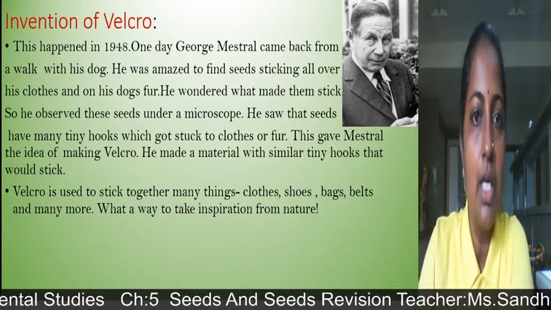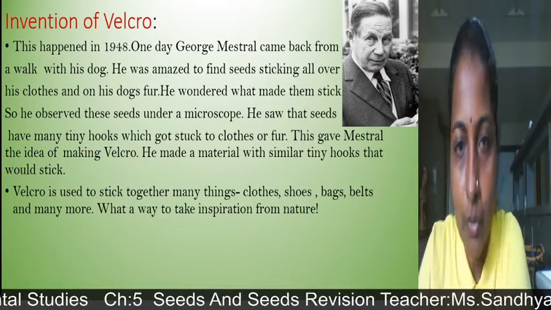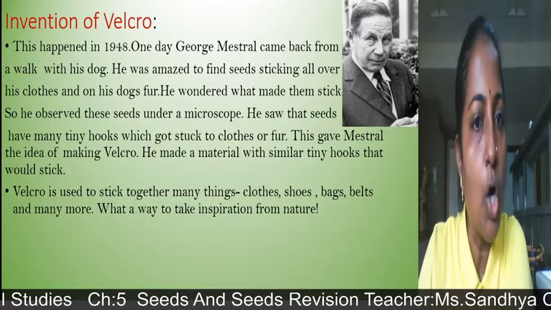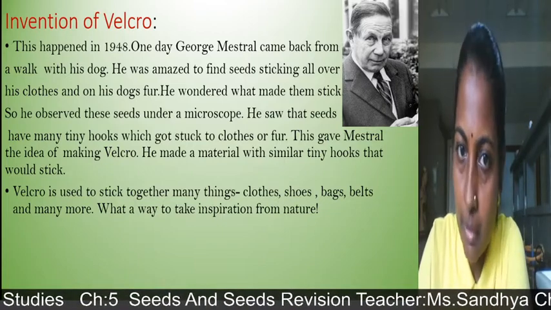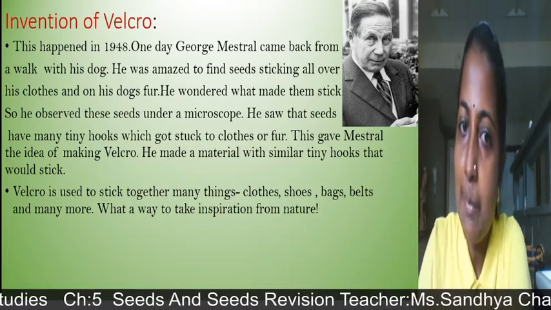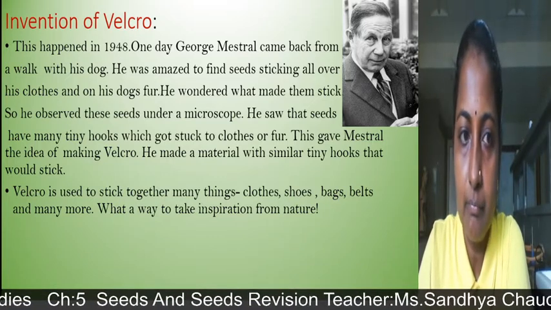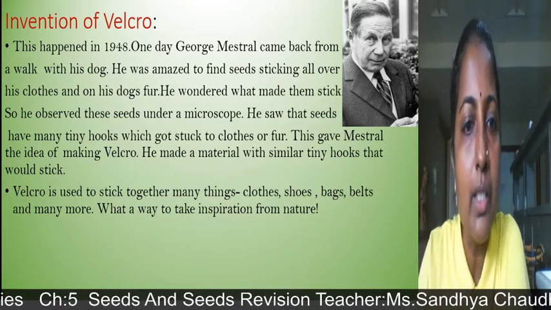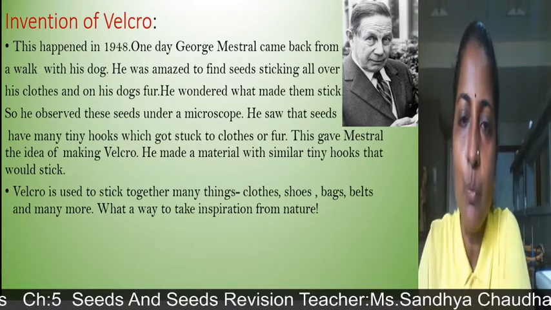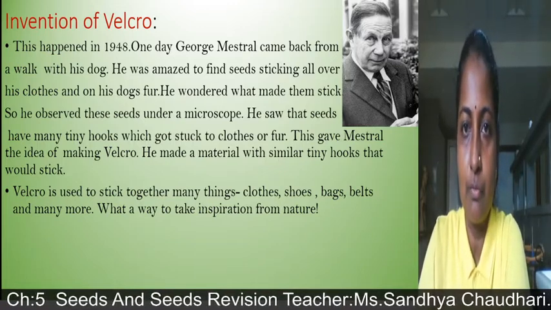He wondered what made them stick. So he observed the seeds under a microscope. He saw that seeds have many tiny hooks which got stuck to clothes or fur. This gave Mestral the idea of making Velcro. He made a material with similar tiny hooks that would stick. Velcro is used to stick together many things: clothes, shoes, bags, belts, and many more. What a way to take inspiration from nature.